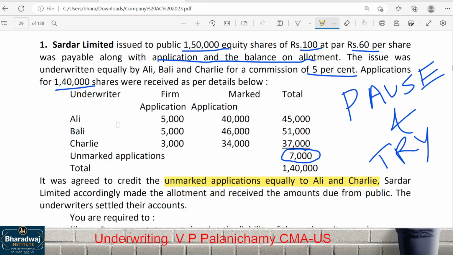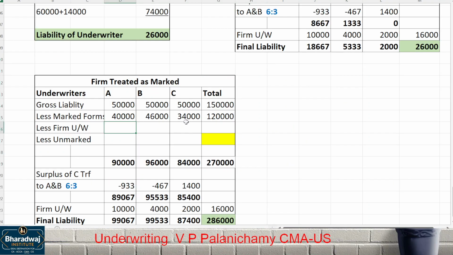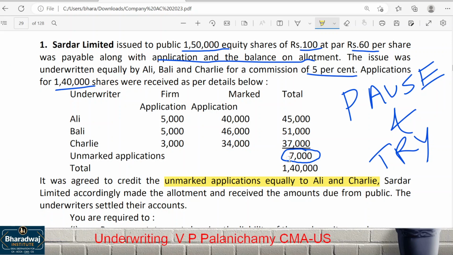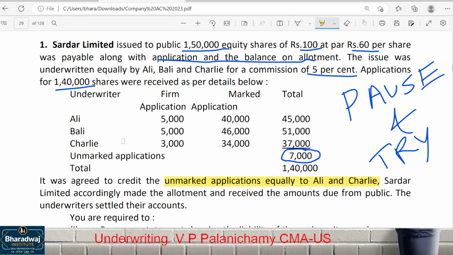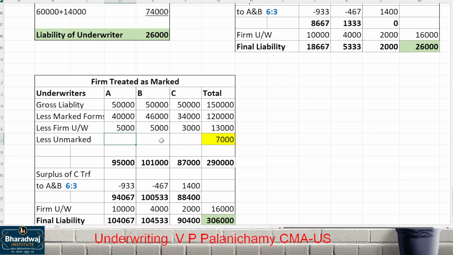Firm underwriting also will reduce. Unmarked applications are directly given to us, 7,000. The credit for unmarked application will be given only to whom? Only to A and C. So 3,500 for A and 3,500 for C.